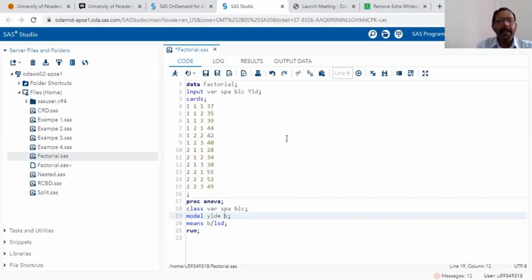Factorial in RCBD. Tell me what are the components there for the yield? Factor A. Now you'll have to tell in terms of variety, spacing, variety into spacing, and block.